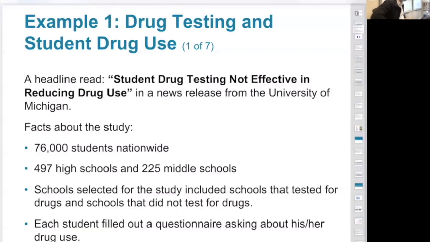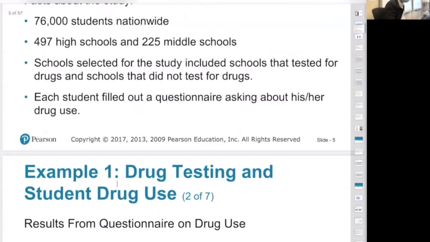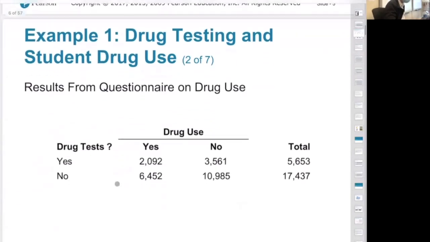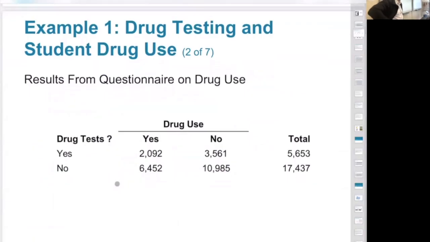So we collect the students from the schools, whether the schools do the test or not. Each student filled out a questionnaire asking about his or her drug use. And we have this data.